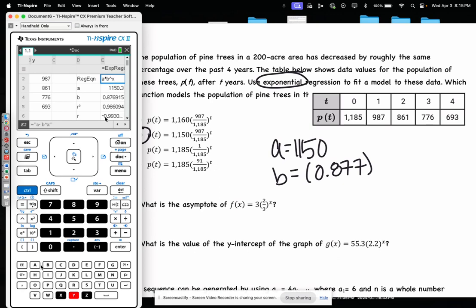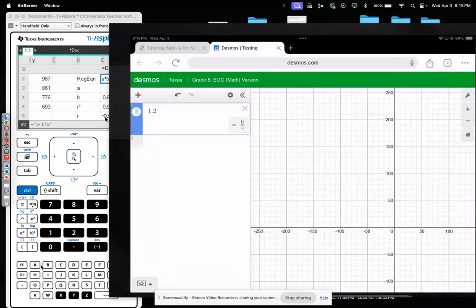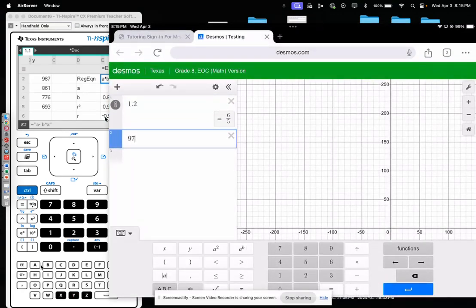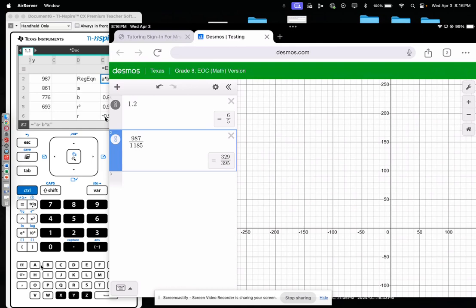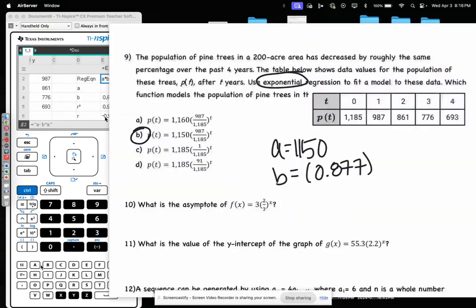So for B, 987 divided by 1185. And as a decimal, that's pretty close. So there you have it. Plus it's the only one where the A matches.